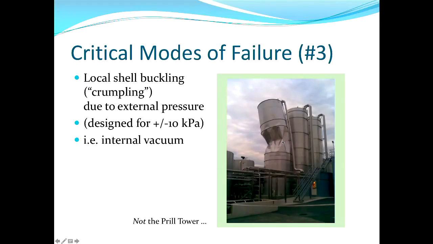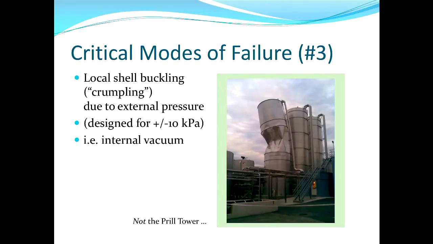You can see here, this is not a prill tower, it's just a grain storage silo, but someone's left a valve closed while emptying a fluid, allowing the fluid to fall out, and so the vessel's being sucked inwards under external, probably full atmospheric pressure here. And you get these buckling nodes that are so characteristic of compressive failure of shells. So, local shell buckling under external pressure, uniform external pressure.